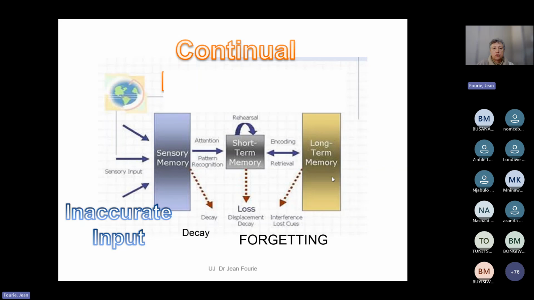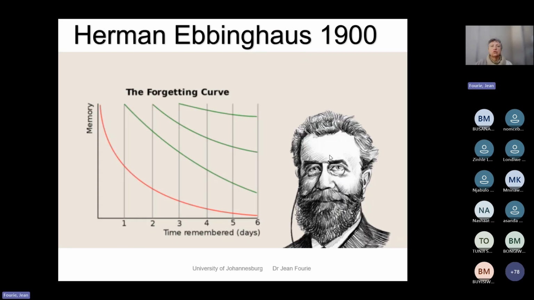Okay, so I want to speak now about particularly this theorist, Hermann Ebbinghaus. He did his research in the 1900s, and he gave people, children, people of different ages, information to learn and recall, and then he studied how much information was recalled and remembered.